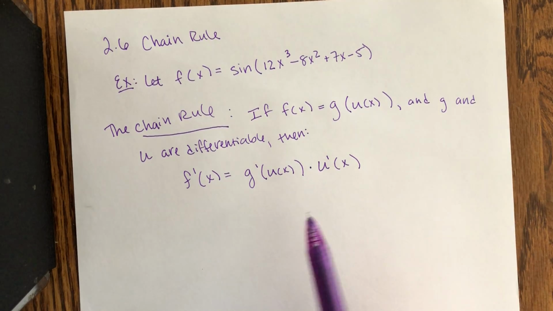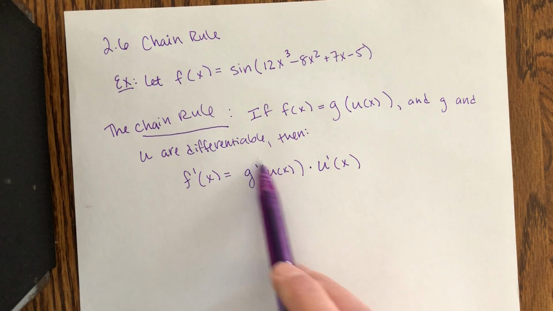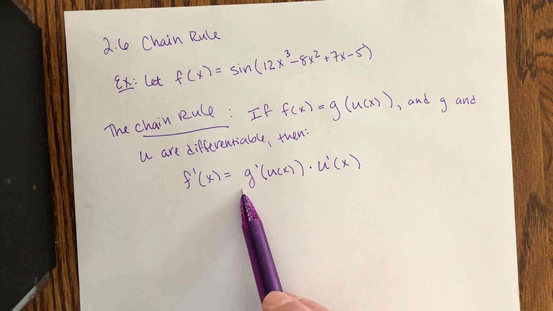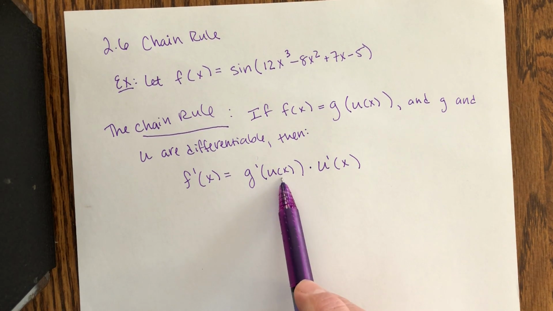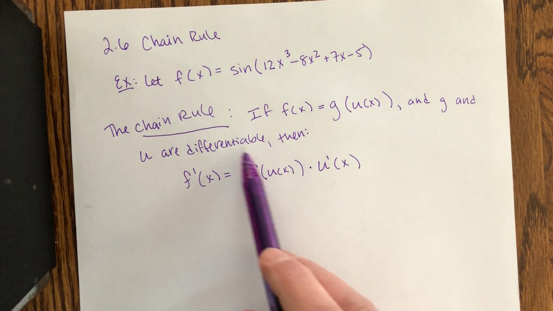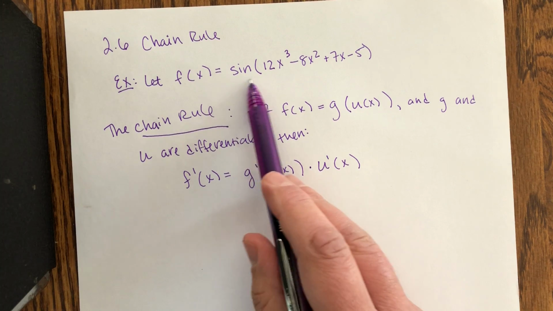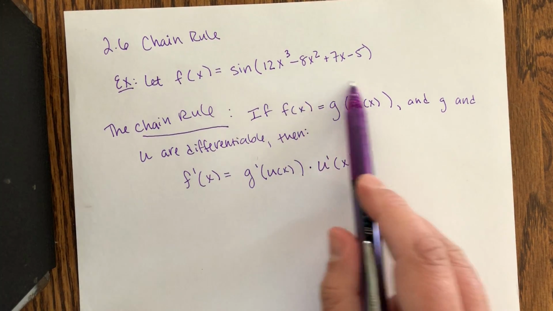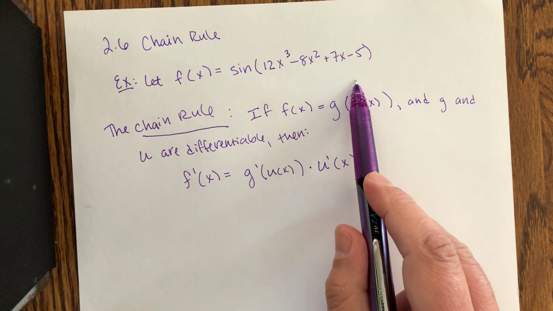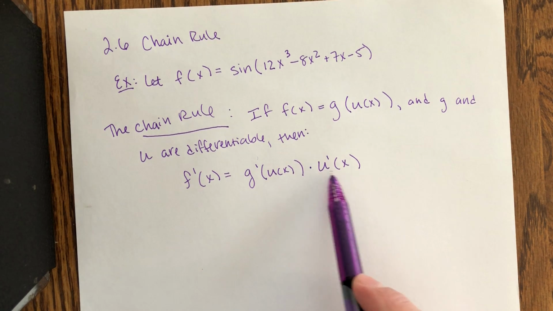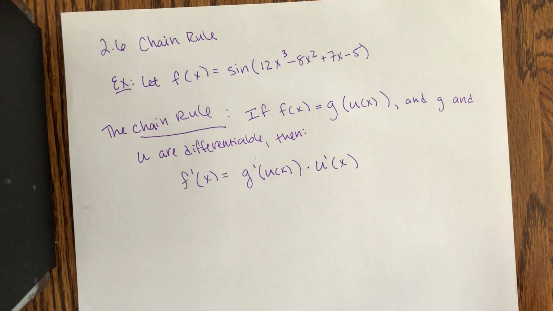All right, so let's go through what this means. What we're saying is we're taking the derivative of the outer function g with respect to the inner function. So if we're going back to this function up here, we would take the derivative of the sine function with respect to the polynomial. So we'd keep the inside the same, but then in the end, we're going to multiply by the derivative of the inside function.